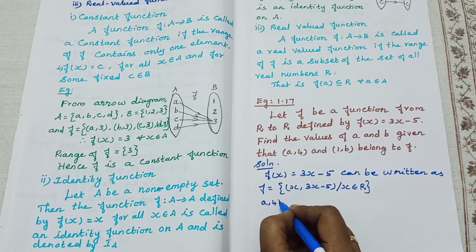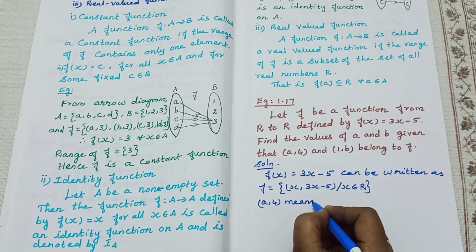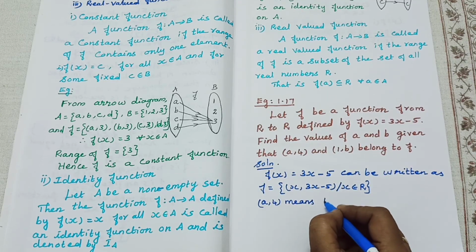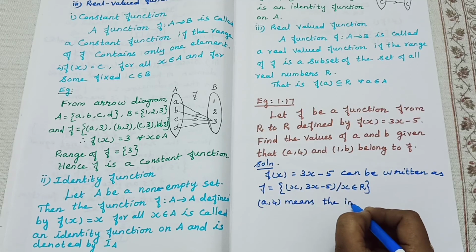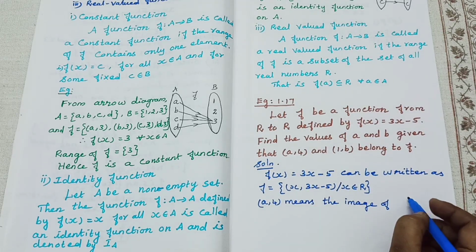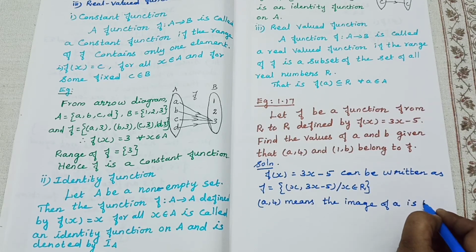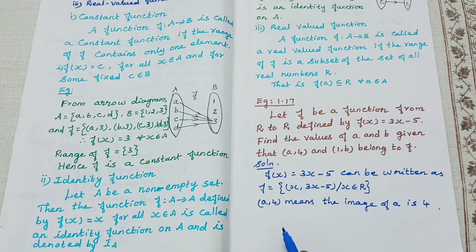Have you understood? (a, 4) means the image of a is 4. Image of 1 is b. Have you understood? Like that. Here the image of a is what? 4 we can write, isn't it?